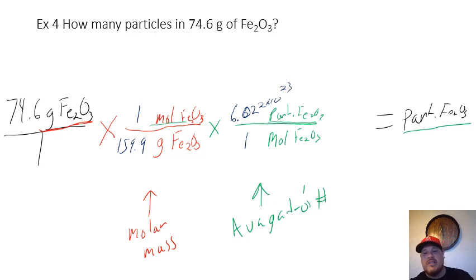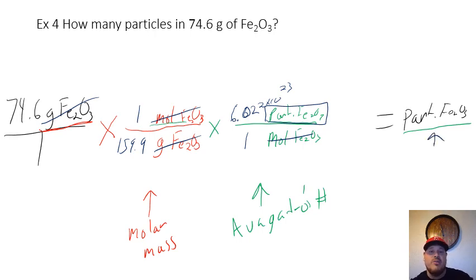Okay, my problem is all set up. Now all I got to do is punch it into my calculator and see what I get. Everything cancels out. This cancels out. This cancels out. That cancels out. That cancels out. Therefore, the only thing I have left is particles of iron oxide, which is what I want. Hooray.